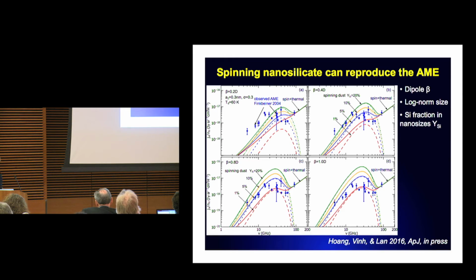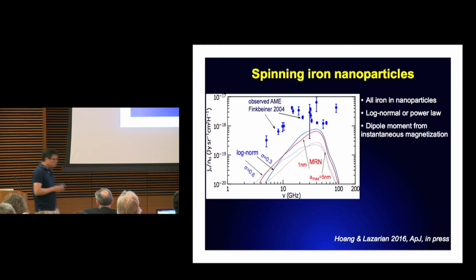Now, we also realize that nano iron particles also have a magnetic dipole moment, because nano iron particles have a spontaneous magnetization. They are ferromagnetic materials. And nanoparticles are always spinning, so they can produce spinning emission.